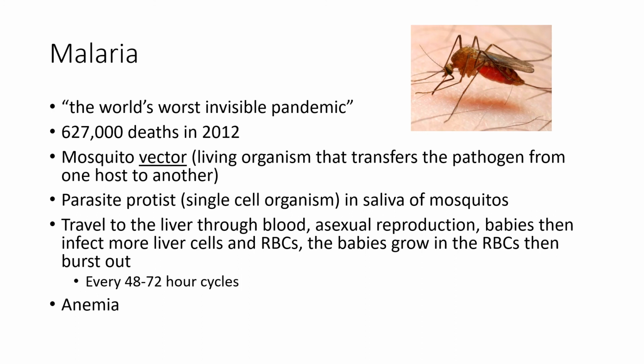What this causes in people who have malaria is cycles every 48 to 72 hours of extreme pain, fatigue, probably fainting, and they might grow unconscious. It coincides with the parasites bursting out of the red blood cells, which will eventually, if it happens enough, cause anemia. And remember, anemia is where you have a lack of red blood cells that can carry oxygen throughout the body.